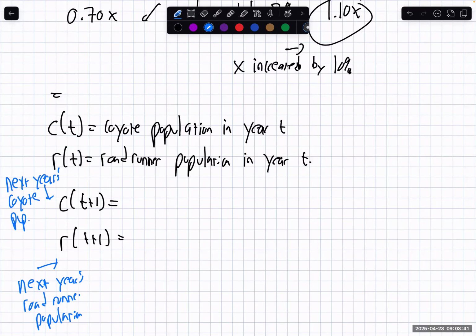Okay, so the number of coyotes next year is going to depend on how many coyotes there are this year. It's going to be essentially how much competition there is for food. And it's going to depend on how many roadrunners there are. The more roadrunners we have this year, the more coyotes we're going to have next year.